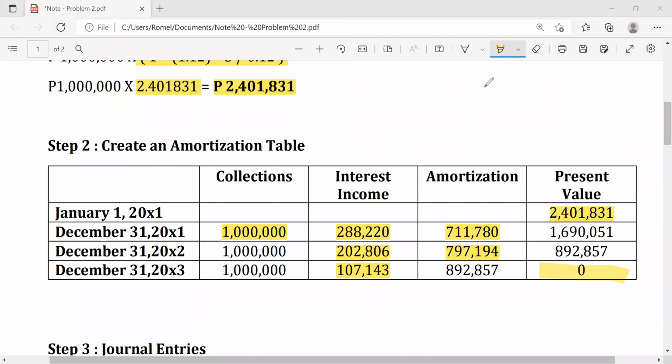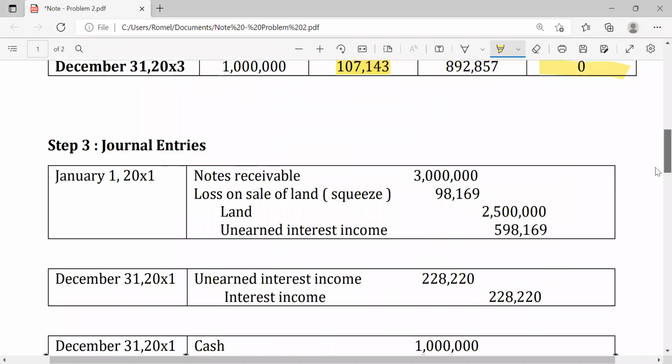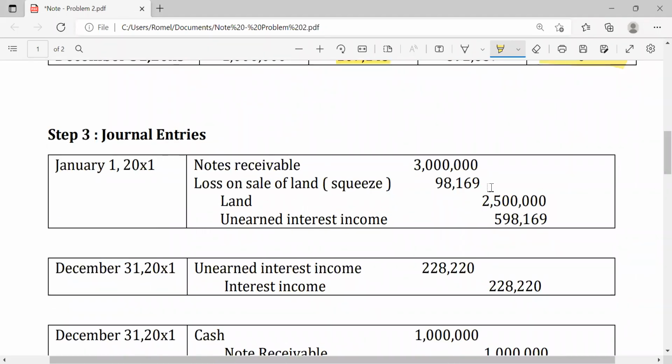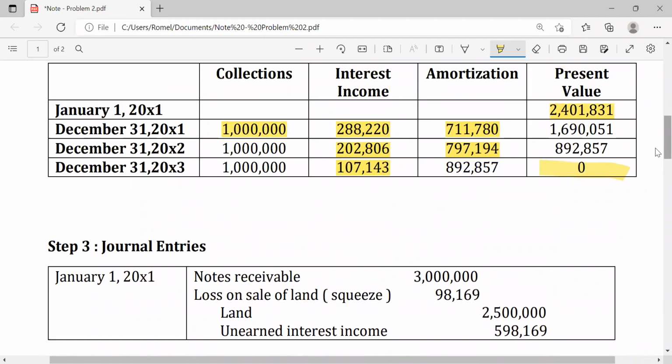So that's it. Let's now go to the journal entries. Okay, so for the journal entries, debit note receivable. So again, note receivable is at face amount, which is 3 million pesos. And then credit land. How much is the cost of land? It's 2.5 million pesos. And then, eto, unearned interest income.